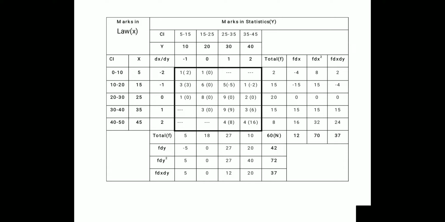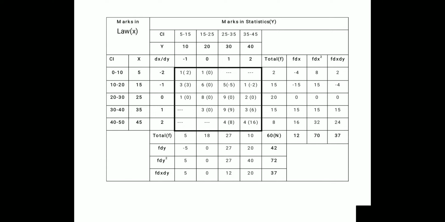Once it is totaled, the grand total of these frequencies will give us the value of n. The vertical and horizontal totals of frequencies will always be the same in this bivariate table, that is 60 here. We should consider it as the n value.